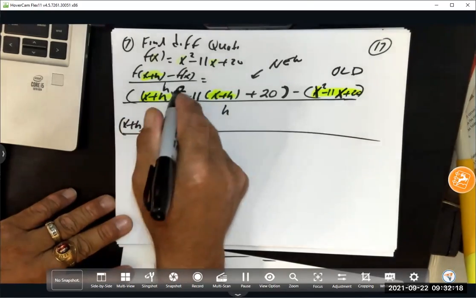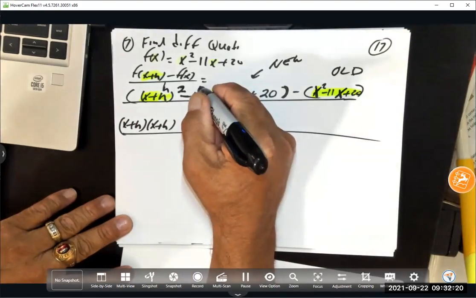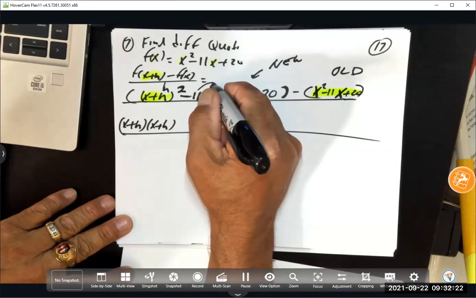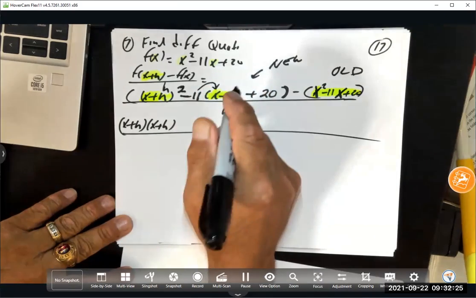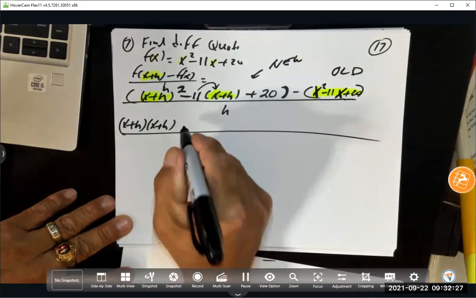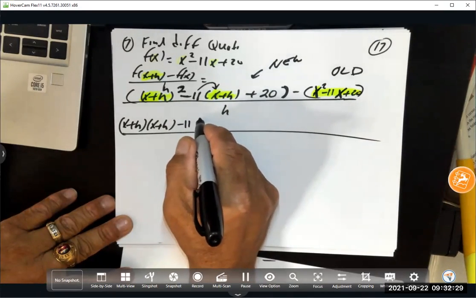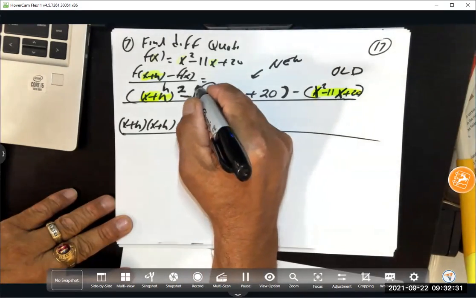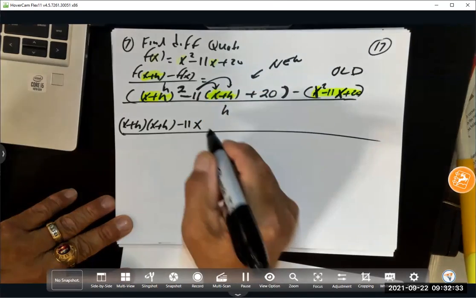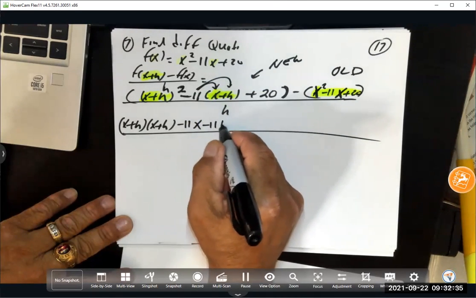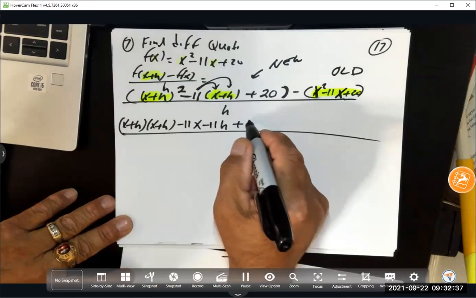X plus h is x plus h squared. Now this one, what is minus 11 times h? Negative 11h. Yes. What's negative 11 times h? Negative 11h. There you go. Okay. And the 20, I'm just gonna copy it down.